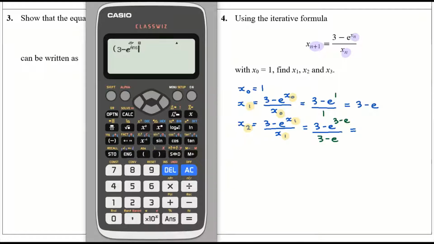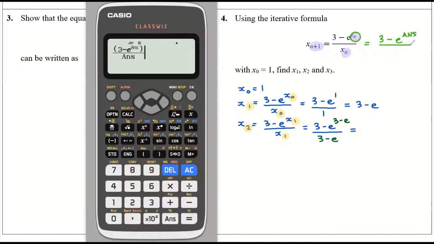And then I'll put the answer in. Okay, so remember it's the previous answer. Okay, close that, and then we could put all this as a fraction so it looks as it is written, and then we divide that by the answer as well. Okay, so you can get all this from the iterative formula itself when it's given to you. From this formula on your calculator, you're going to be using 3 subtract, and wherever you see the xn, that's your answer.